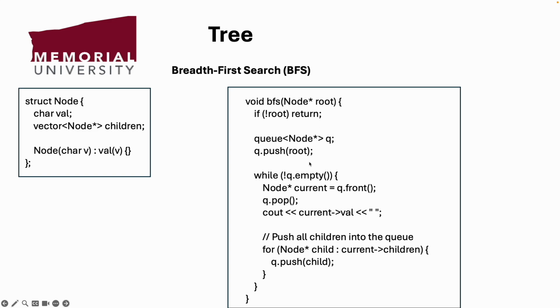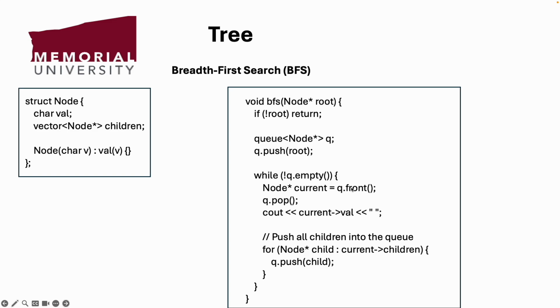Okay, let's go through this code. First, let's check whether the root is empty or not. If the root is a null pointer or empty, we do nothing and return. Otherwise, we declare a queue and put the root into the queue. As a pre-check, while the queue is not empty, we want to find the first element of the queue.